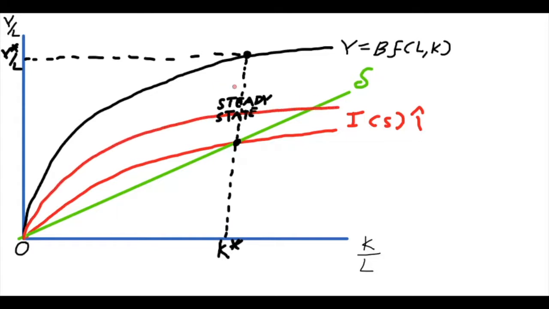So our entire investment level here increases upwards, and because it increases upwards, at the old steady state rate at the point indicated here, we now have a situation where the investment level is now higher than the depreciation rate.